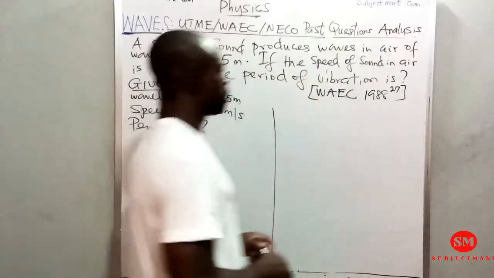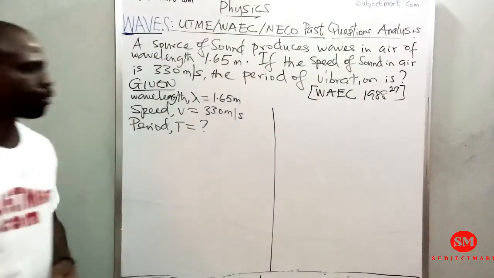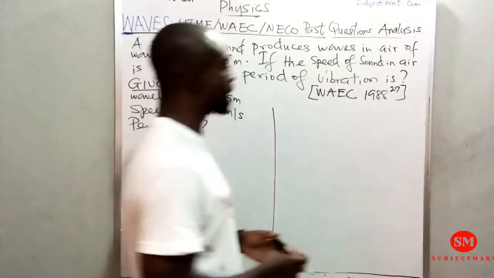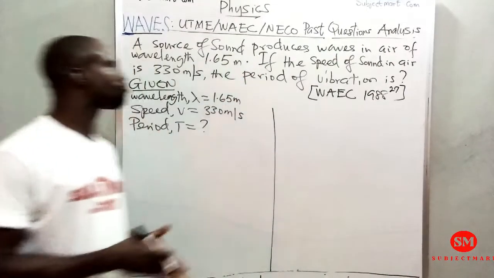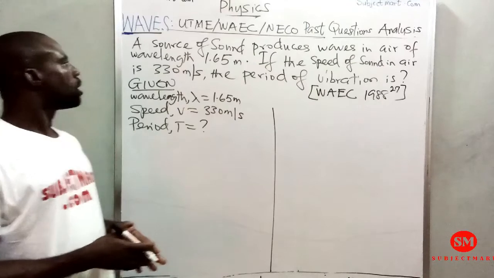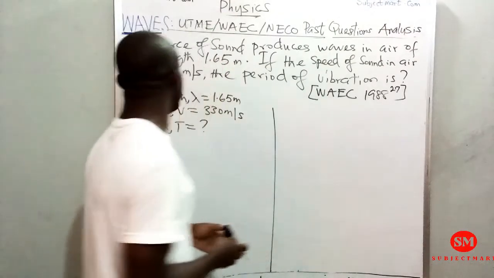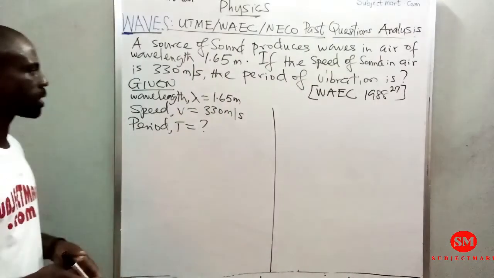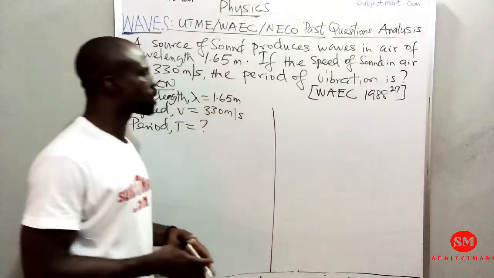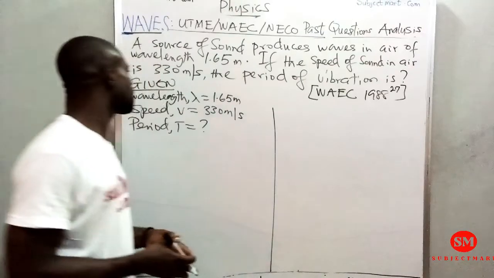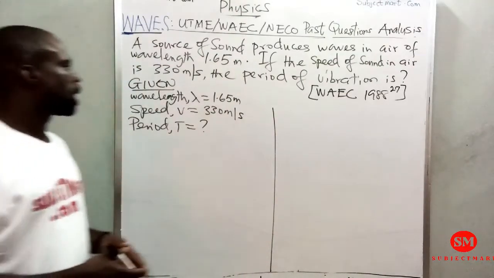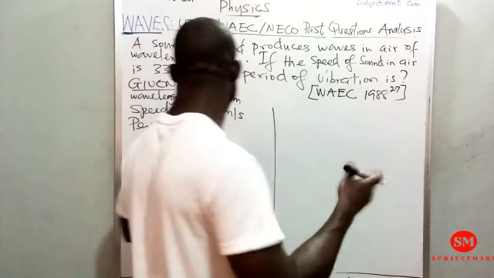Another question. This one is taken from WAEC 1988, number 27. A source of sound produces waves in air of wavelength 1.65 meters. If the speed of sound in air is 330 meters per second, the period of vibration is?